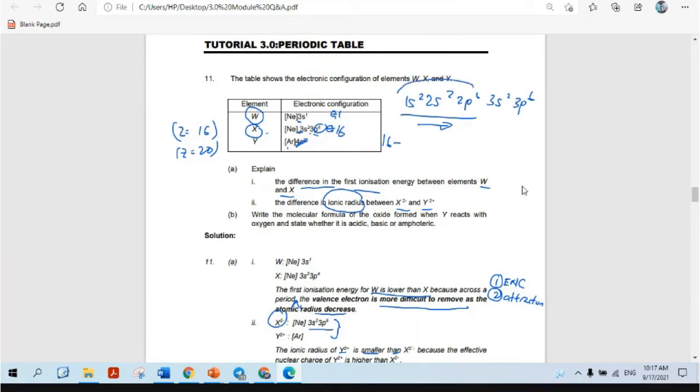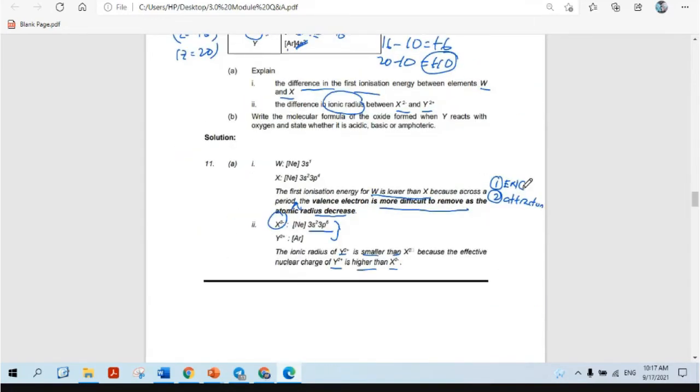So here consider the inner electrons. Minus 10 equals positive 6. And here 20 minus 10 is equal to positive 10. So always write positive 10. That's why Y2 positive has higher effective nuclear charge compared to X2 negative. Always remember when you answer this kind of question, you must compare.